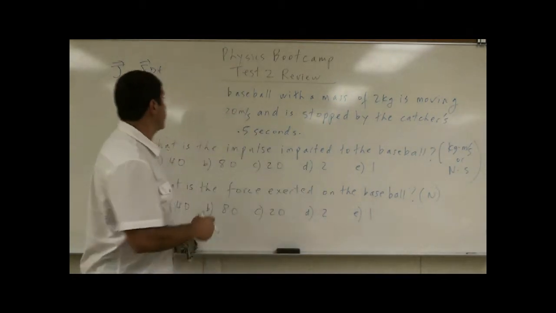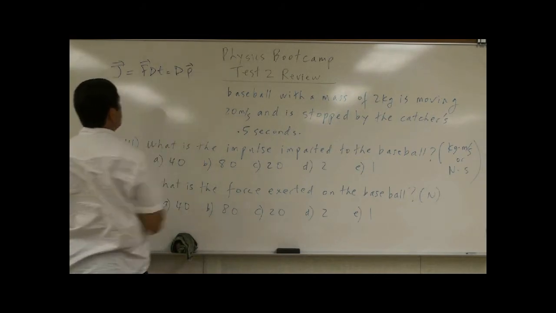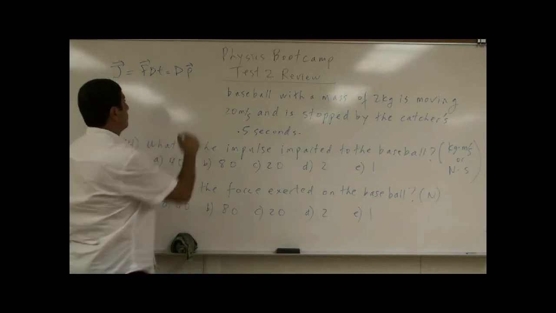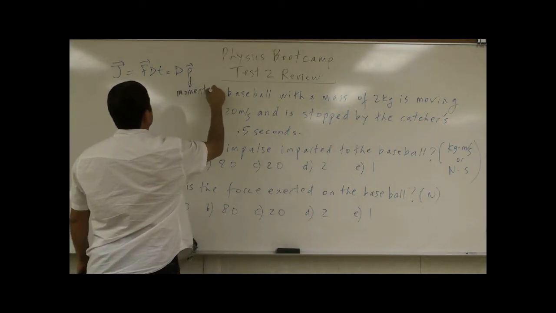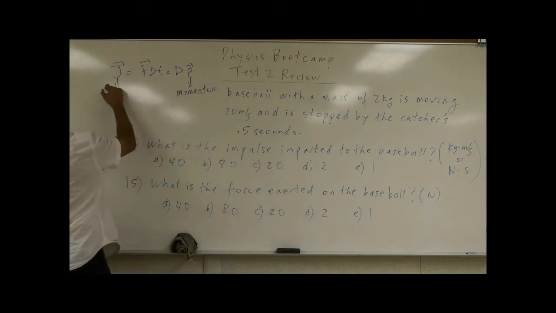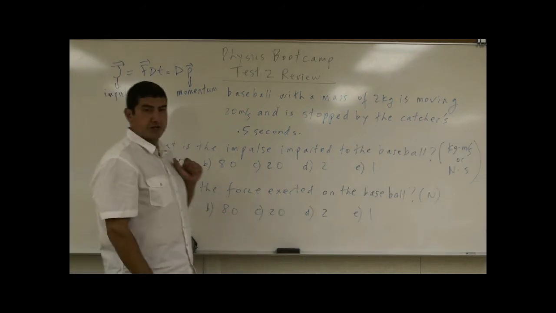And it can be shown that impulse is the change in momentum of an object. P is the symbol for momentum, and J is the symbol for impulse. Okay? So what is the impulse imparted to this object?